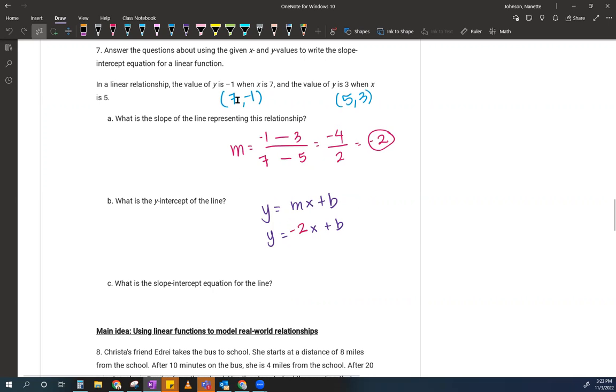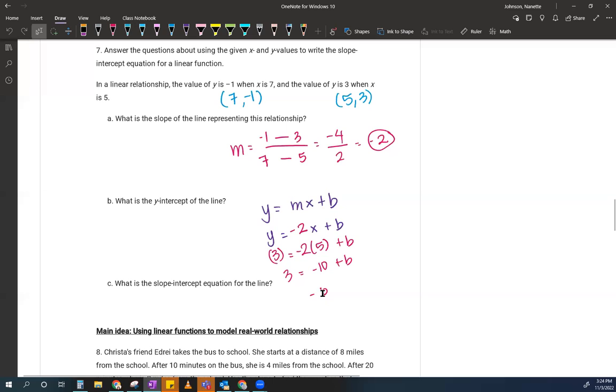Let's see, negatives, no negatives. I'm going to use the no negatives. Okay, so I'm going to plug in my points. So then I get 3 equals -10 plus b. So if you add 10 to both sides, that means b equals 13.